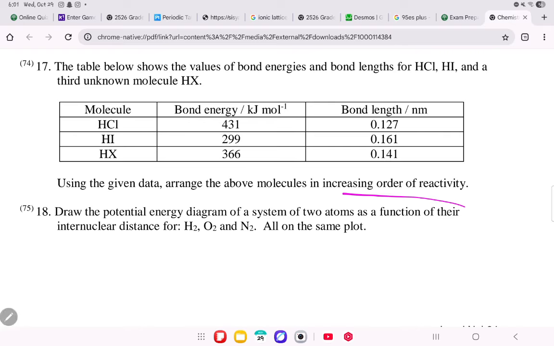This means the smallest reactivity would be for HCl because it has the smallest bond length and the greatest bond energy. Then after that comes HX because it has the intermediate, and then which of them has the highest bond length and the lowest energy? That would be HI. So this is what it looks like, okay?